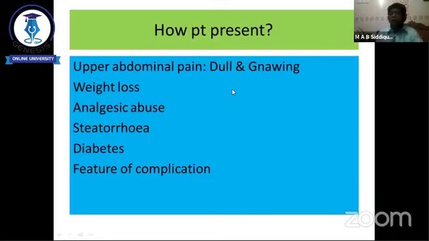There are many complications of chronic pancreatitis, like pseudopancreatic cyst. So in your exam, mention upper abdominal pain, dull and continuous in nature, weight loss, analgesic abuse, steatorrhea, diabetes. Mention three clinical features of such a condition and write them.